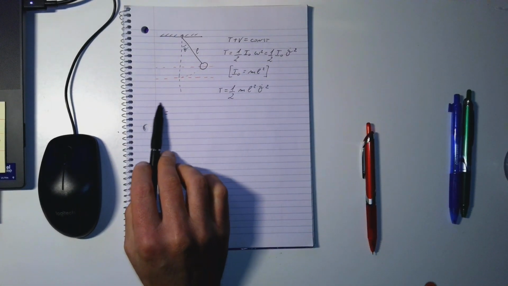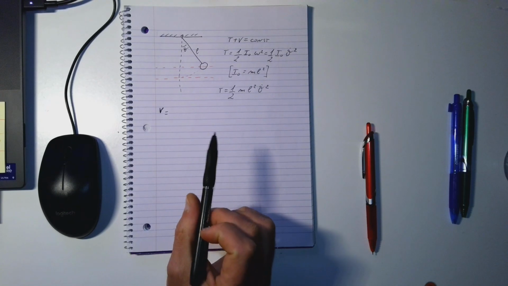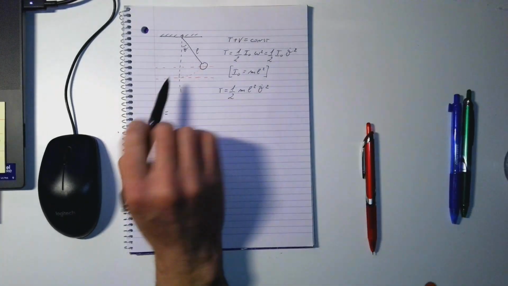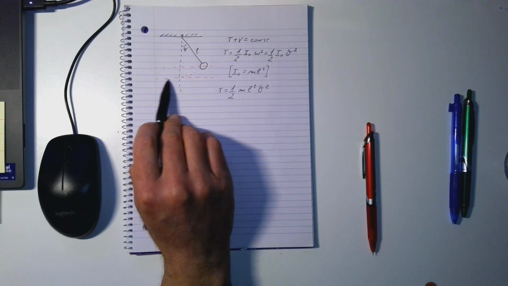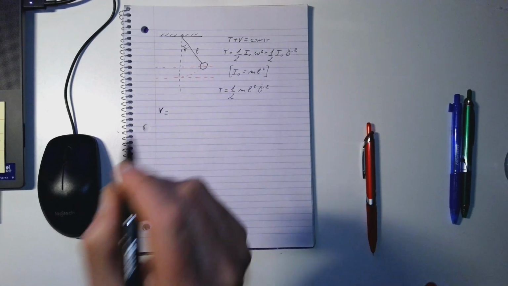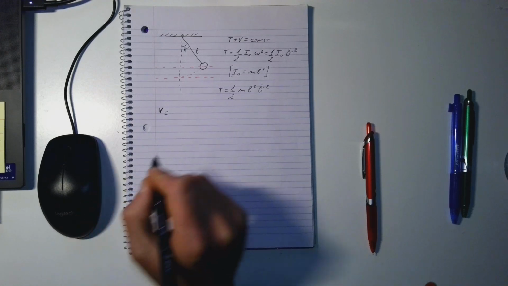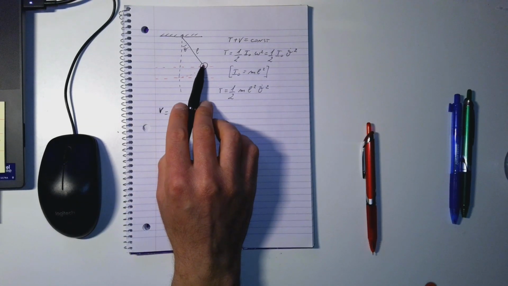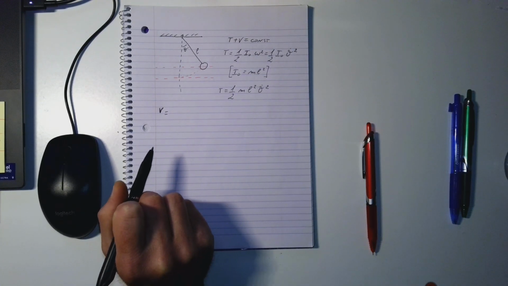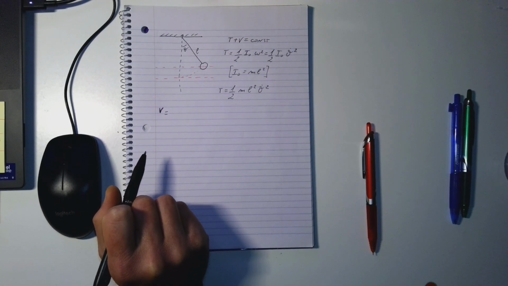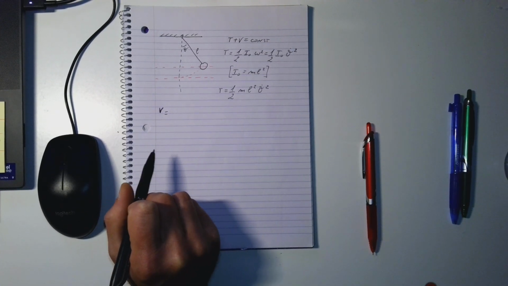So how do we write the expression of the potential energy? Assuming that we use this as a reference for our system, which is the lowest point, how do we write the potential energy at a generic point here? Yeah, let's look at the height. You are getting closer and closer.